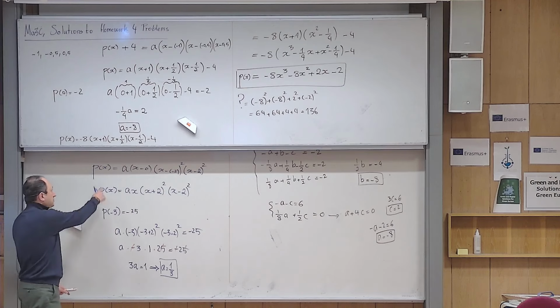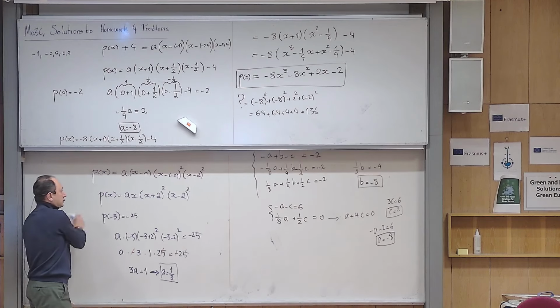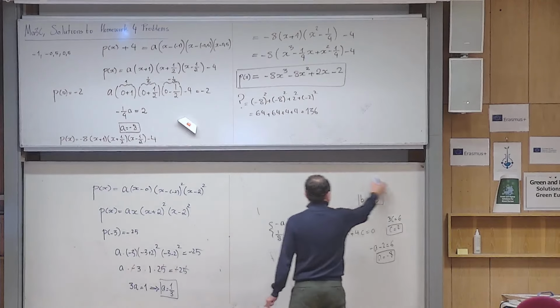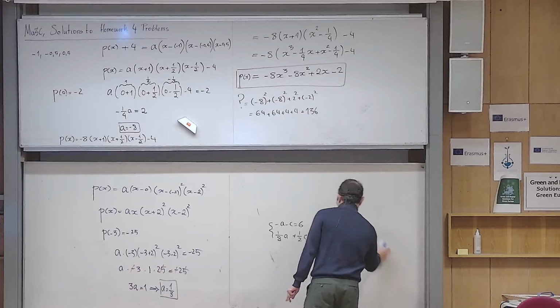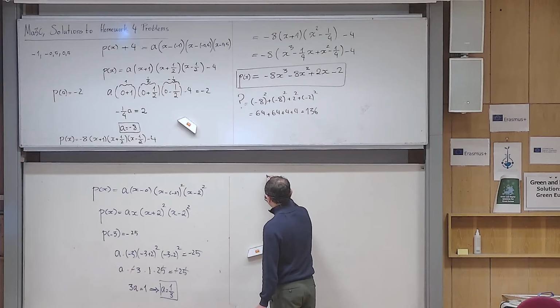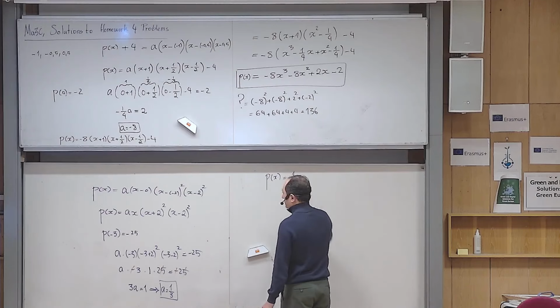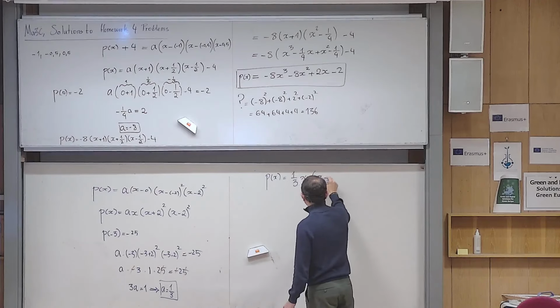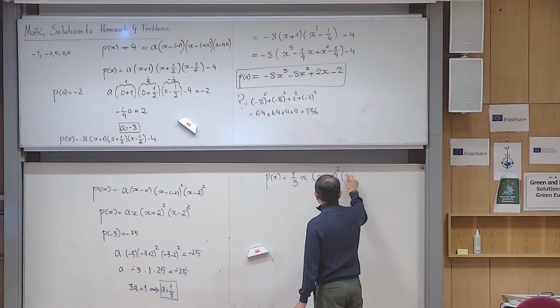And then I put it back into my equation. I finally found my p. So p of x is equal to 1/3 times (x plus 2) squared times (x minus 2) squared.